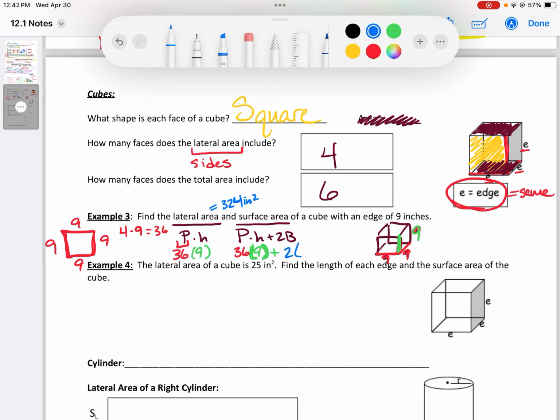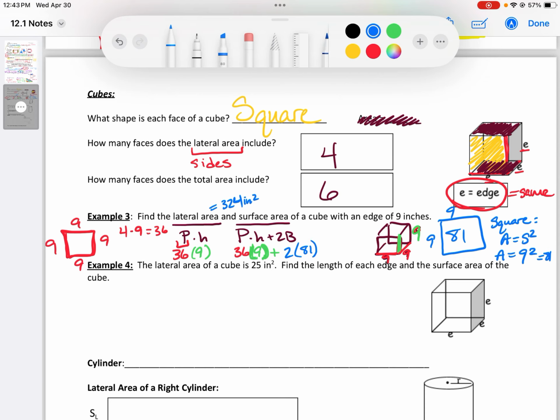My surface area is going to be that same 324, but I'm also adding 2 times the area of the base. Well, again, the base is a square that is 9 by 9. When you have a square, area equals side squared, or side times itself, and 9 squared is 81. So the area of this is 81.